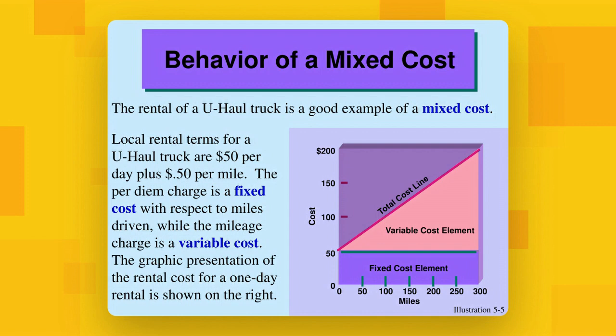Because as time goes by, it will increase, depending on your per mile. Alright. So again, the per day charge is your fixed cost. With respect to the miles, again, it is your variable cost.